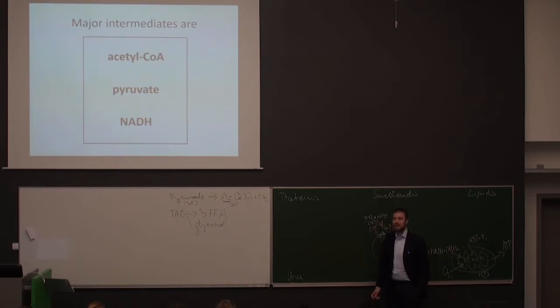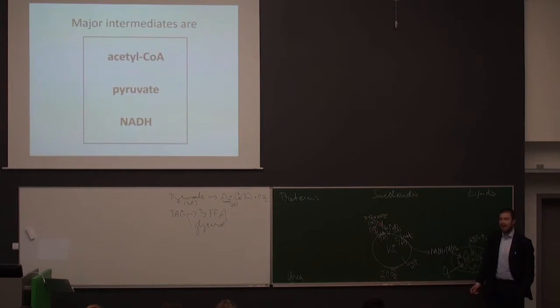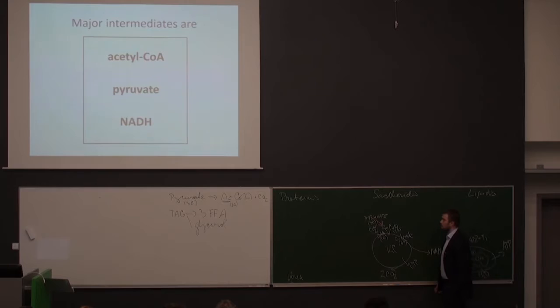And that's one of the reasons why it's very difficult to convert acetyl coenzyme A to pyruvate, and therefore also acetyl coenzyme A to saccharides. There is a very limited ability to do this. But as you know, nothing is absolutely irreversible.